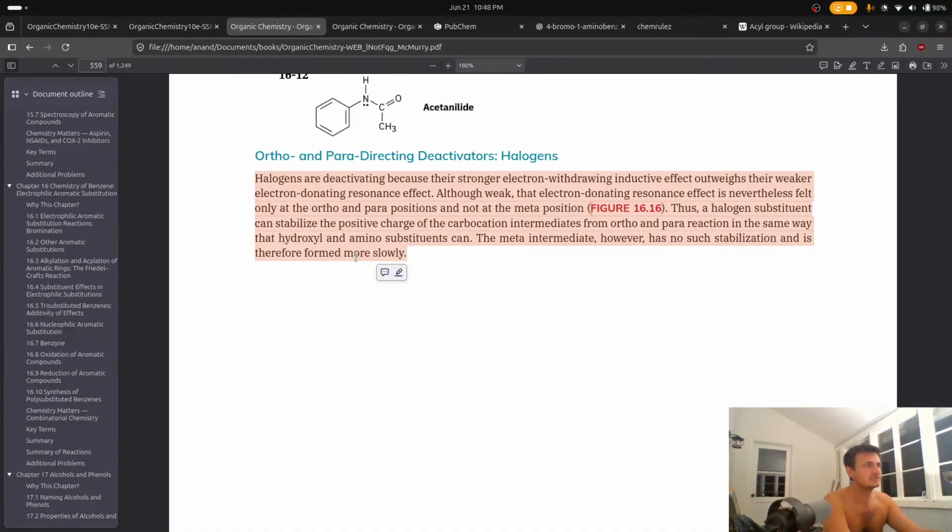Ortho and para directing deactivators. Halogens.